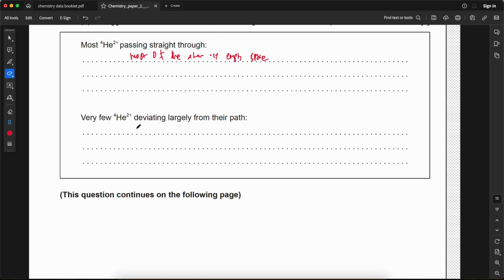Very few He deviating largely from their path, because the nucleus is very small and dense compared to the size of the atom. The fact that only a few nuclei deviated largely from their path indicates that the nucleus or center of the atom is very small compared to the overall size of the atom.